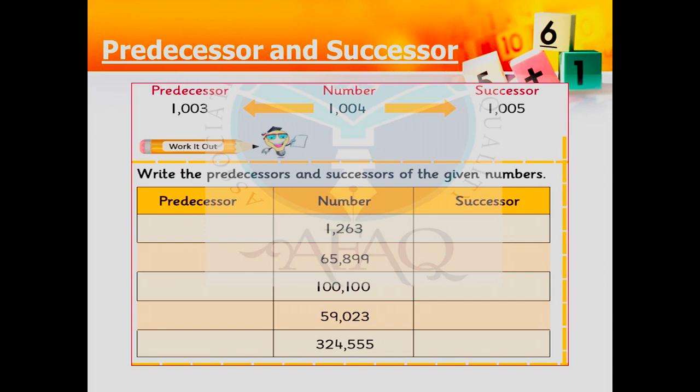And when we add 1 to 324,555, we will get 324,556, which is the successor of this number.